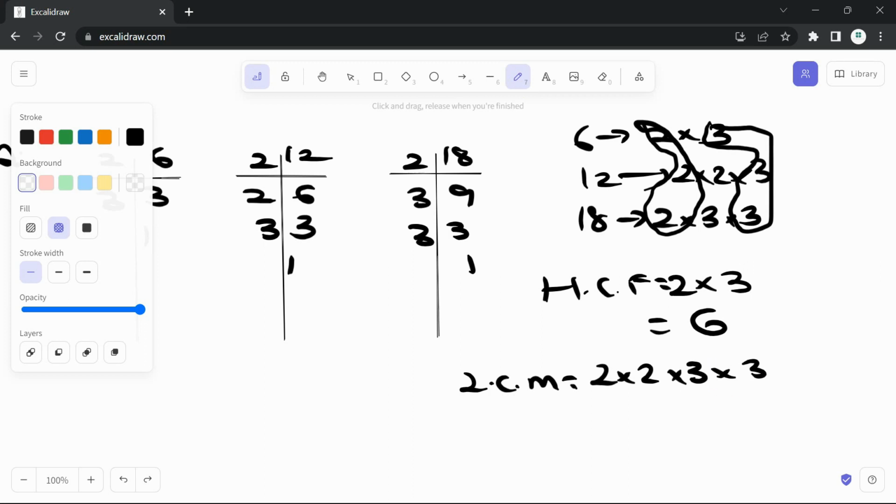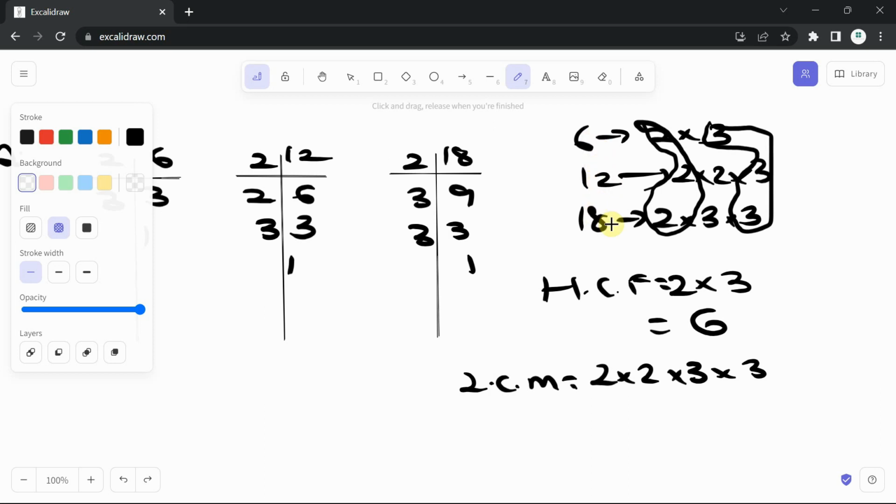We're picking the highest numbers to ensure that the multiple that we'll be picking will be convenient with the one with the highest numbers. Do you get? We just want to ensure that whatever number we're picking, it will be able to be divided by this 6, this 12, and this 18, right?